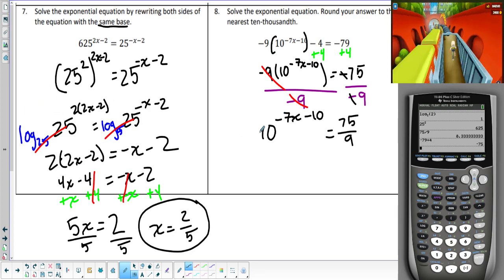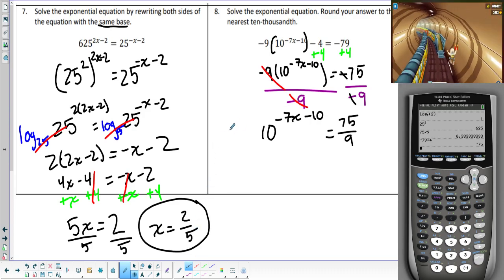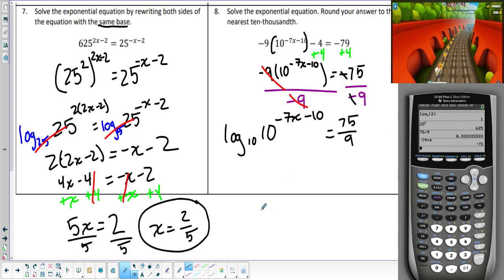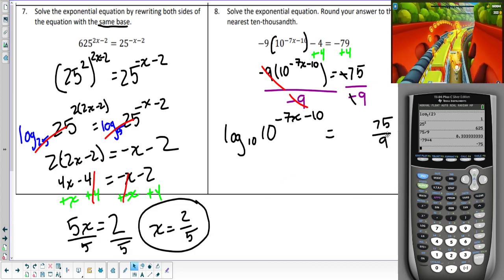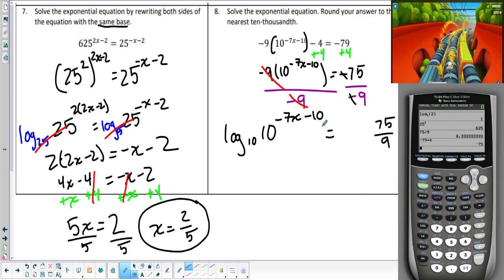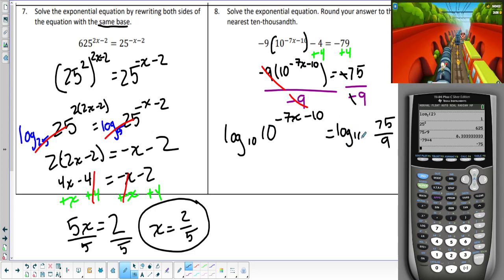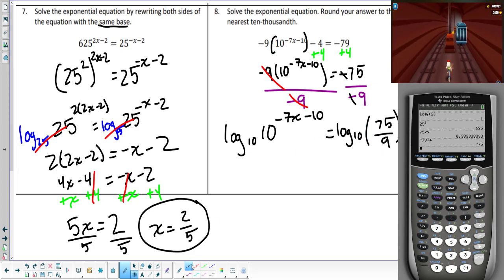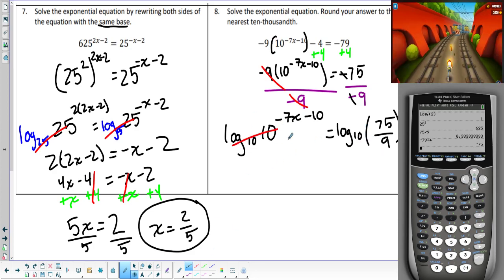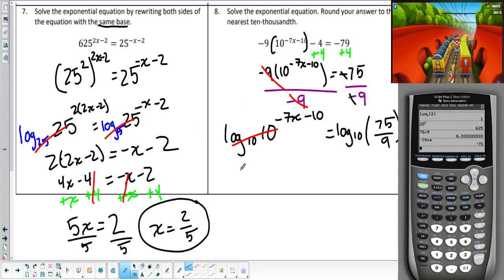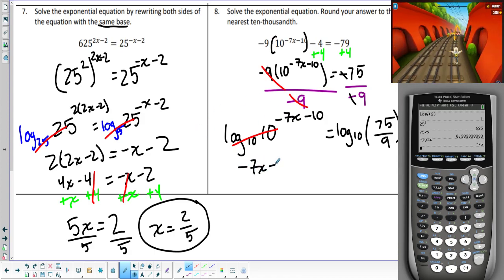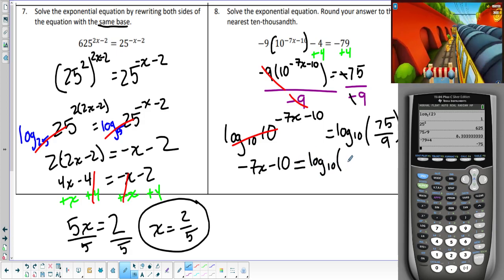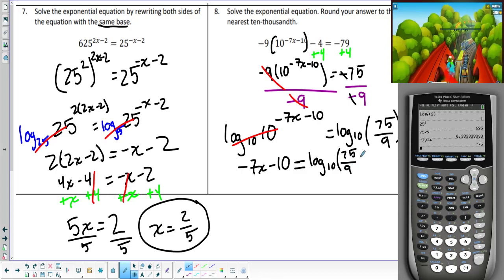We're going to try and cancel out the base, and we're going to do that by taking the log base 10 of both sides. So I'm going to take the log base 10 of the left, which will hopefully just cancel it, and it will. And that means I also have to take the log base 10 of the right. So this all cancels, and remember you can bring this out in front. So all I'm left with is negative 7x minus 10 equals log base 10 of 75 over 9.